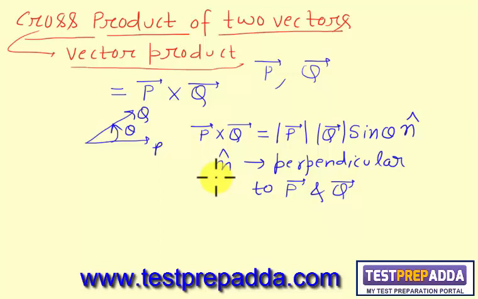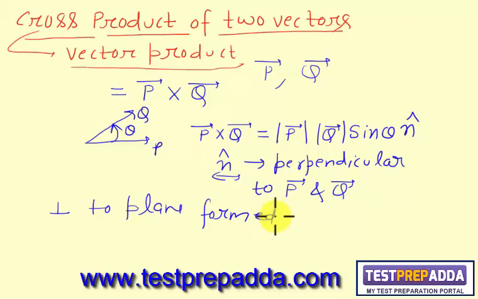Since this vector is perpendicular to both P and Q, it will be perpendicular to the plane formed by vector P and vector Q. Now, its direction will be either inside the plane or outside the plane.